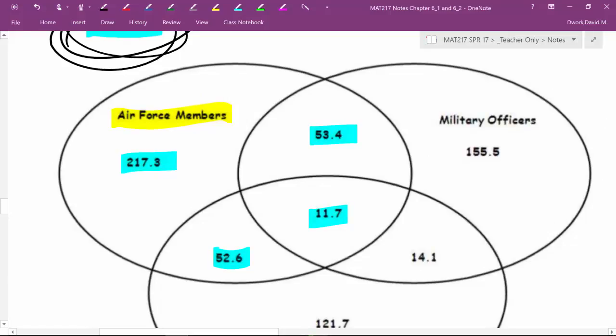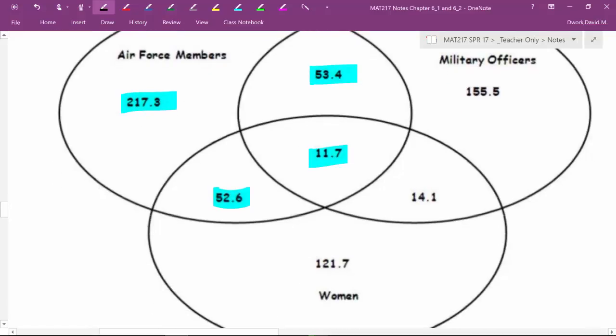Well, what we have to understand is there's as much information about being inside a bubble as there is being outside a bubble. Right now, this 217.3 is in the Air Force, but they are outside military officers. So that means 217.3 thousand people are in the Air Force but are not military officers. Does that make sense?